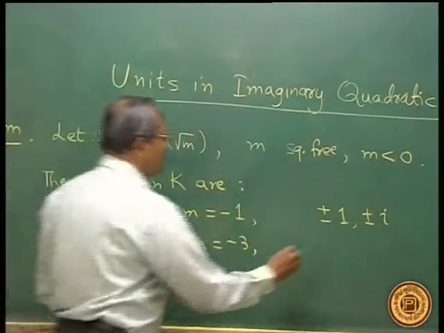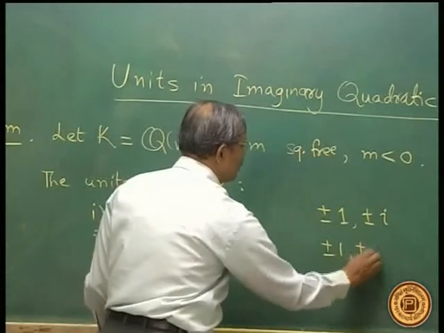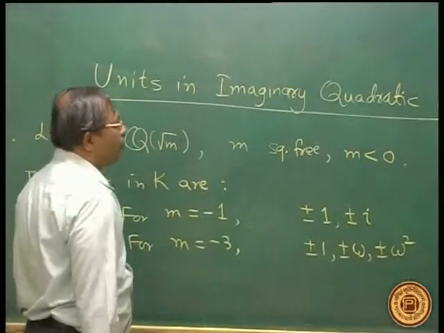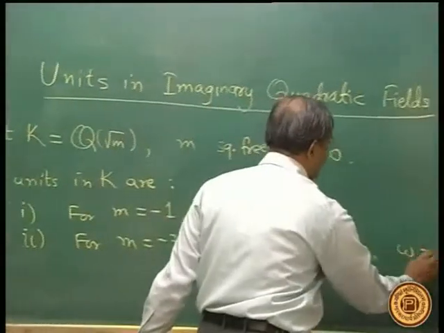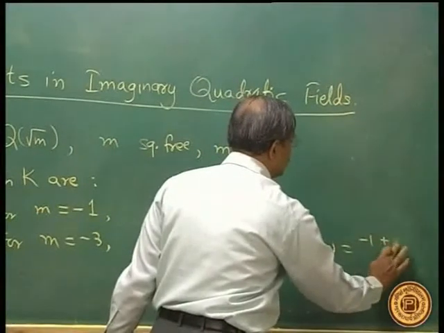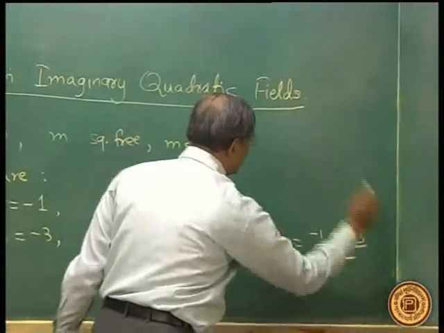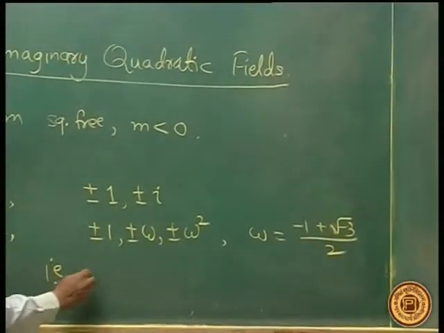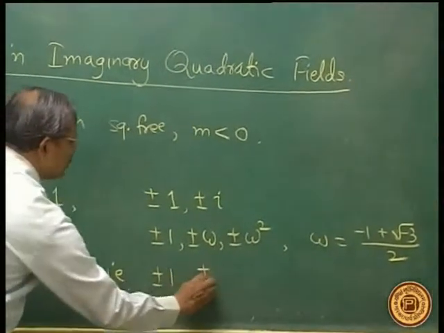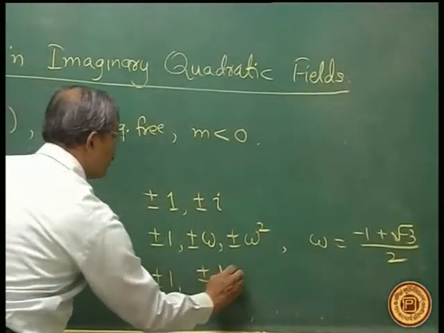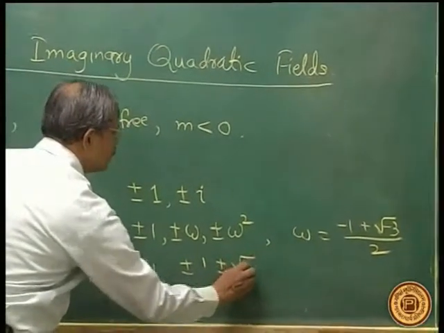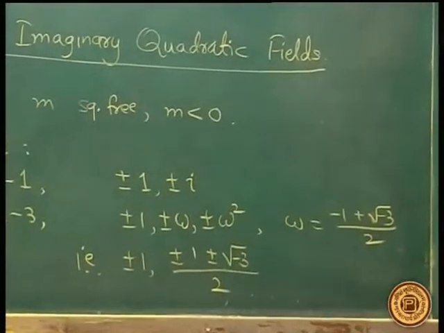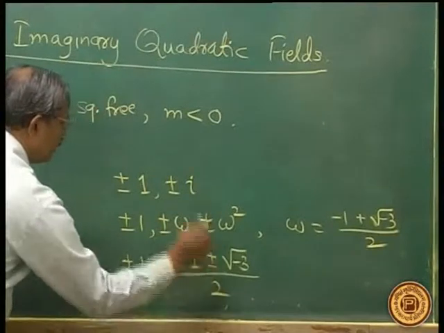For m equal to -3, plus or minus 1, plus or minus omega, plus or minus omega square, where omega is (-1 plus root of -3) by 2. In other words, these four numbers can be written as plus or minus (1 plus or minus root of -3) divided by 2. You can write these four numbers in this form.